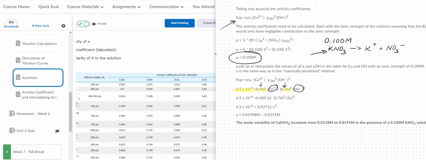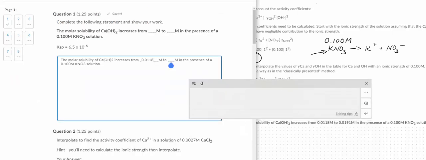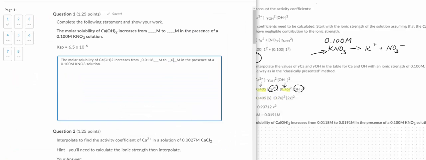And then, I forgot about the 4. So we have our 2 squared value as well that has to be taken into account. Then we're working algebra here so that our x value, which is our molar solubility, is now 0.0191 molar. So in the homework then, we would put 0.0191 molar.